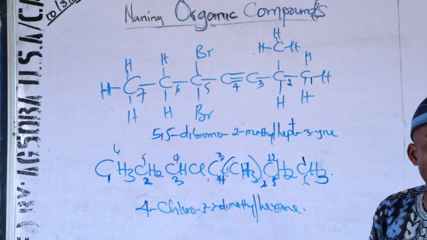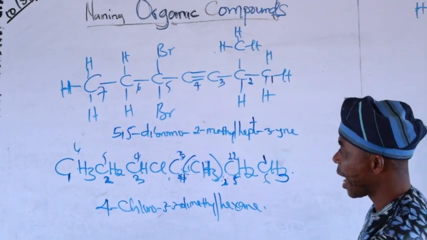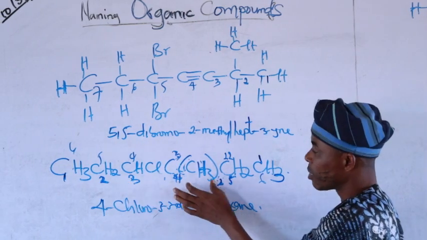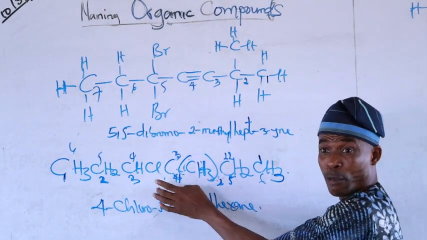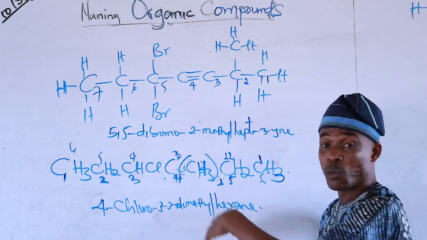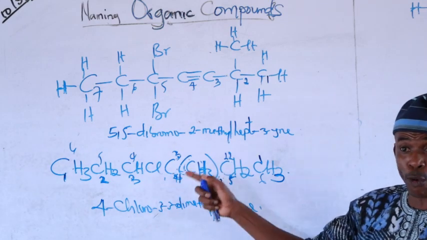If I want to look at where the substituents are attached, chlorine is a substituent attached to carbon number 3. This is methyl attached to it, that is over 3 and 4. Are we together? Yes, sir. That means we only have something attached to carbon number 2, carbon number 3 and carbon number 4.